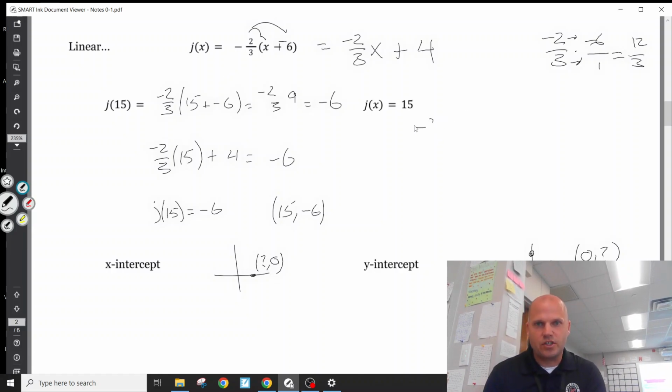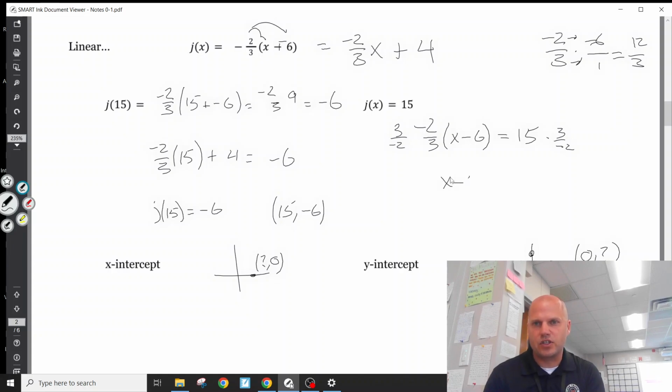Next question is, when does j of x equal 15? It's up to you. Again, you could distribute, or if you want to undo what's being done to x, you could get rid of this negative 2/3. Now, negative 2/3 is being multiplied. You could divide by negative 2/3. What I like to do is multiply by the reciprocal.